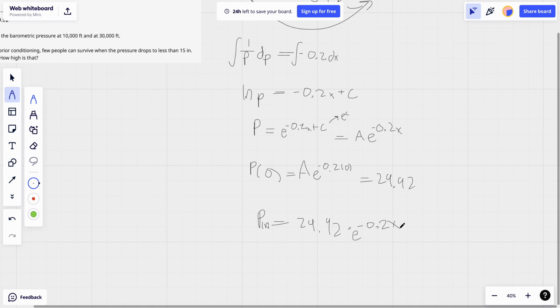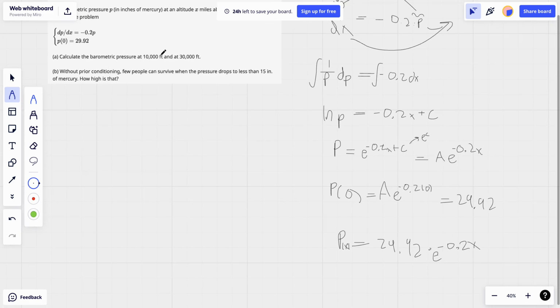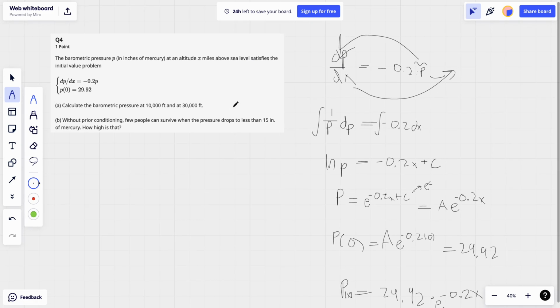All right. Now with this equation, we can solve back and forth to get our pressure at 10,000 feet and 30,000 feet, and our altitude when we are at a pressure of 15 inches of mercury.